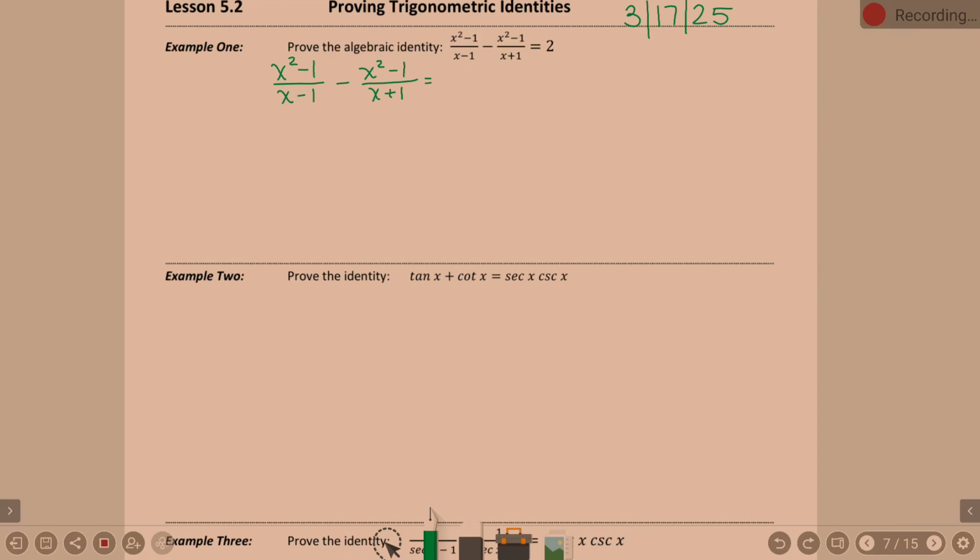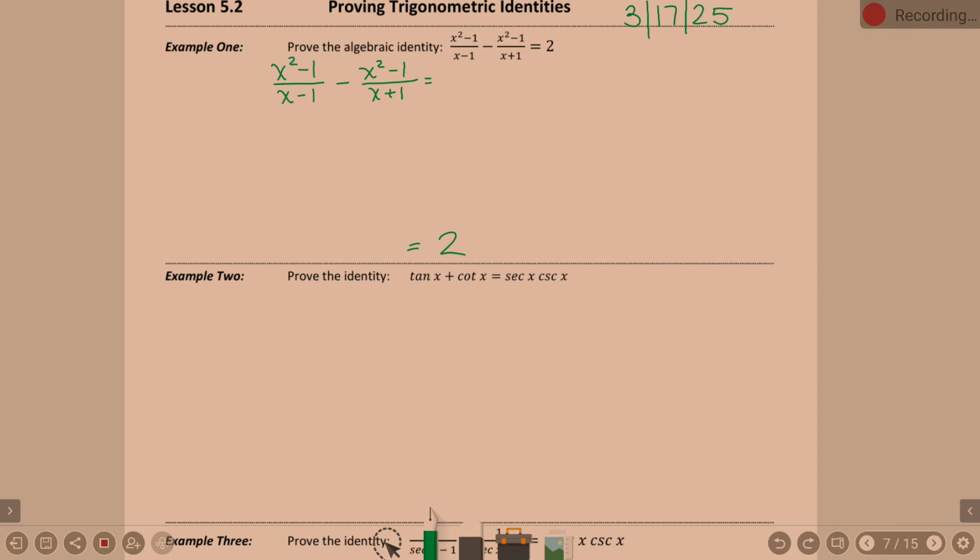And our goal, by the time we get to the bottom here, is that equals 2. Okay, so this is often how you'll see me set identities up here. I'll kind of, okay, this is what we're going to start with. Your goal is 2 in this case. And it's not to make impossible things happen. It's to use legitimate math to make things happen.